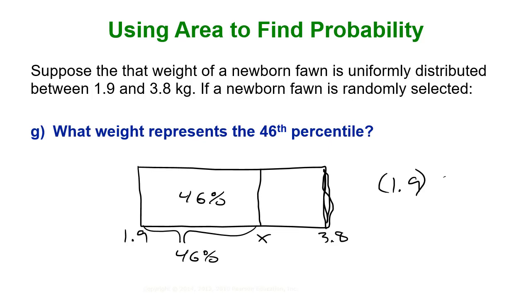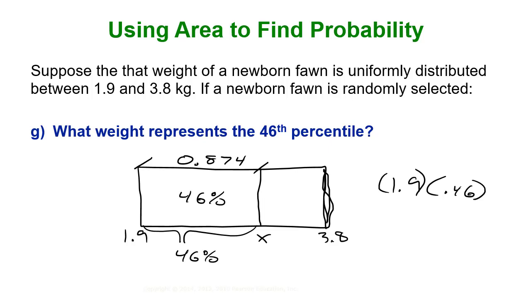So all we have to do is multiply that by 0.46 to find how big the base of our new rectangle is going to be. And that is a distance of 0.874. So we know this distance from here to here is going to be 0.874.